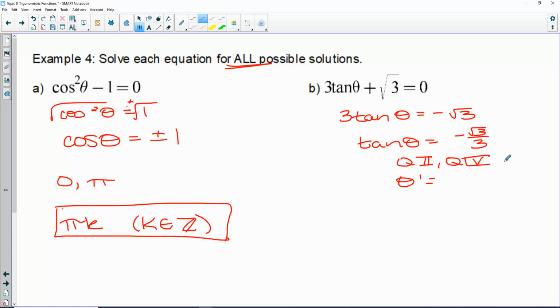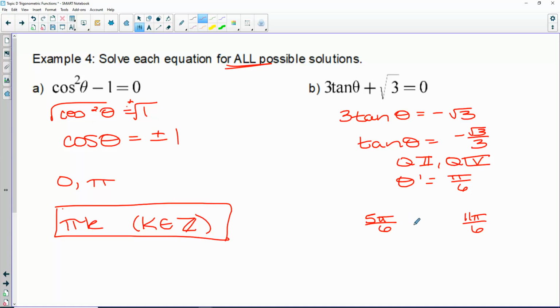Tangent of 30 is the square root of 3 over 3. So that would be pi over 6, because remember, tangent is square root of the top over square root of the bottom. So pi over 6 in quadrant 2 would be 5 pi over 6. And quadrant 4, 2 pi minus pi over 6, would be 11 pi over 6.